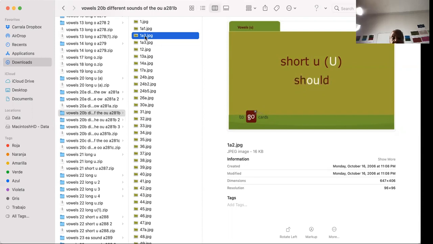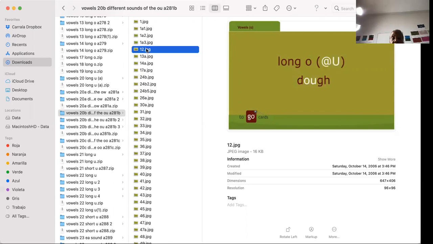Okay, so let's look at those again. Could, look at the phonetic spelling. Could, would, should. Furious, short U, short U.